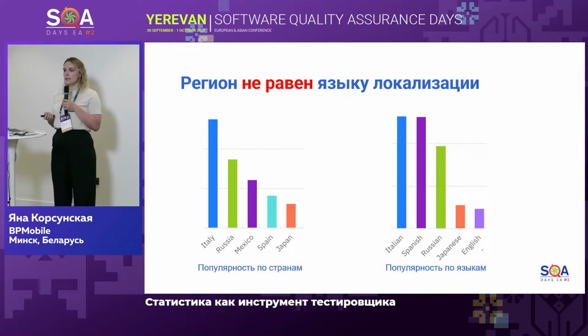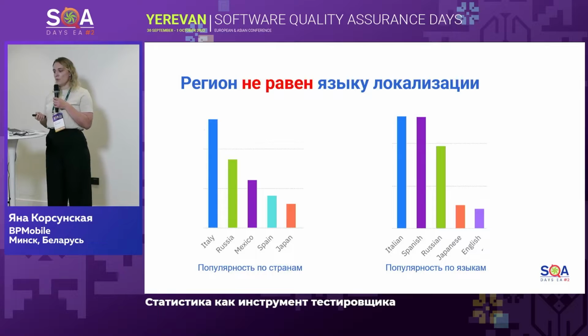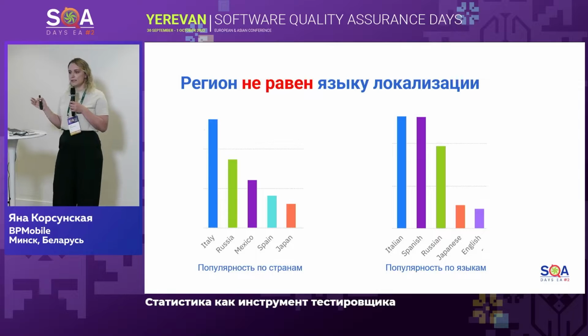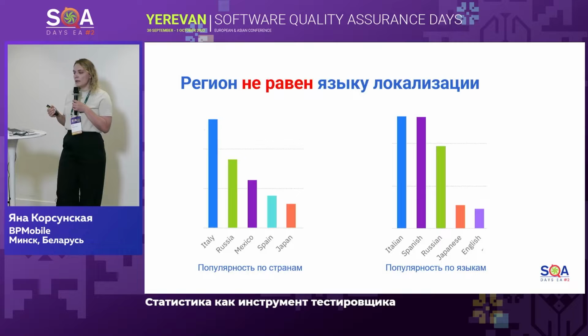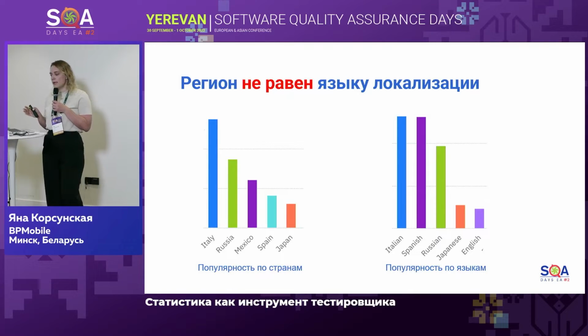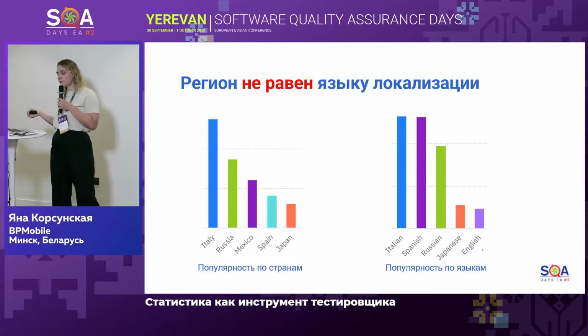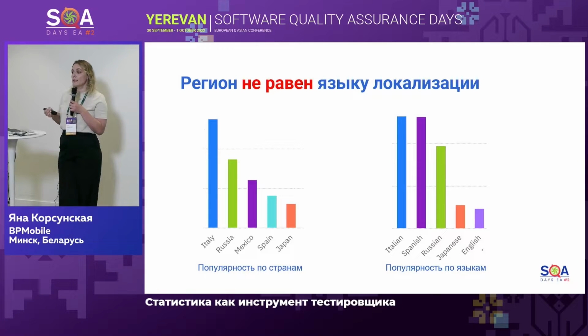The first one being that the region does not equal the localization language. If we look at the graphs, we'll see that the most popular countries are Italy, Russia, and Mexico, if we select the three. At the same time, if we consider the language popularity, Italy and Spain have the same number of users, while Russia has a small number, and then we have in the top 5 the English language, although neither the United States nor the UK or any other English-speaking country was shown.